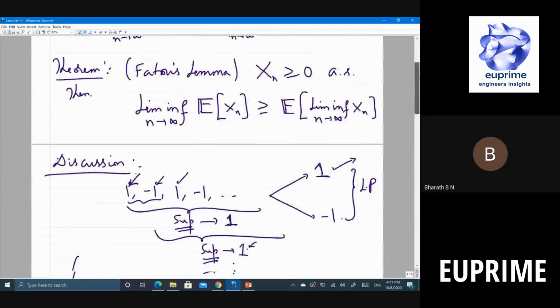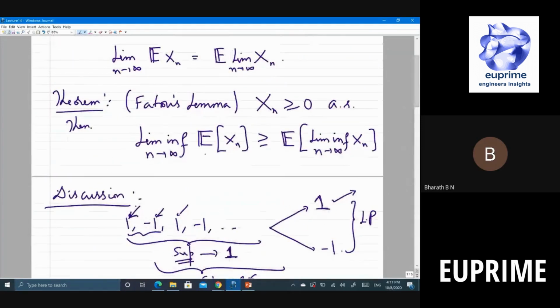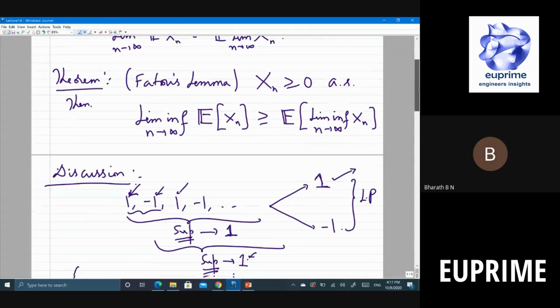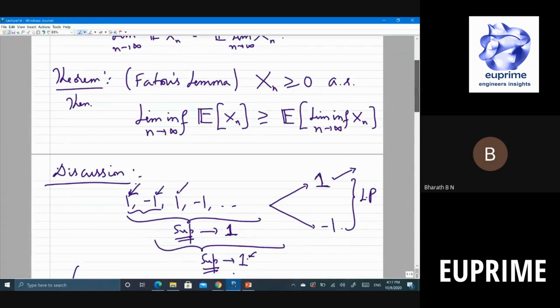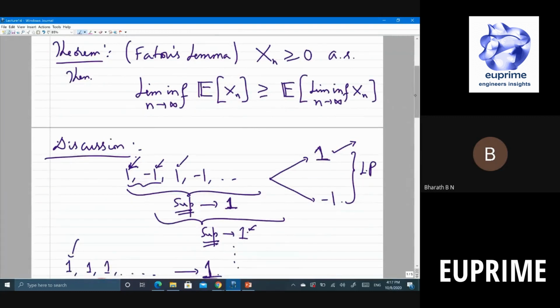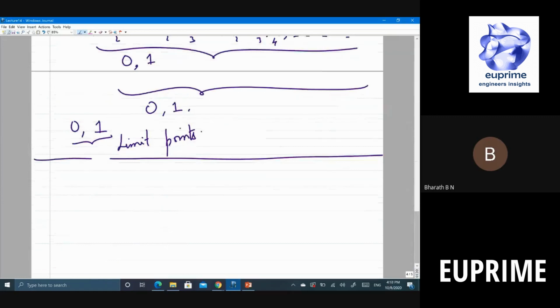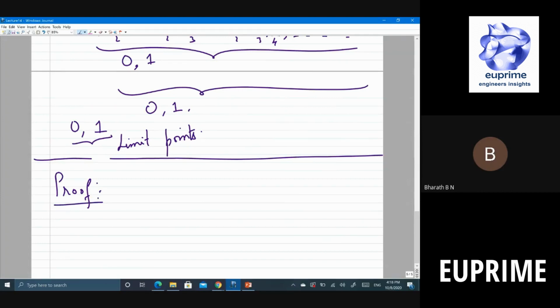So whatever we wanted to prove says the lim inf of the expected value of the sequence is greater than or equal to this thing. Now let me write lim inf as a limit. Let's look at the proof of Fatou. You look at lim inf of xn.